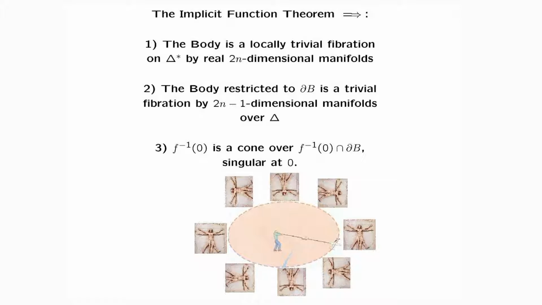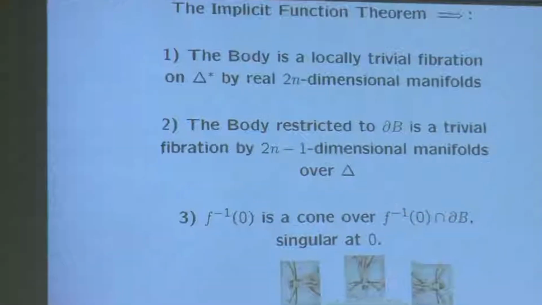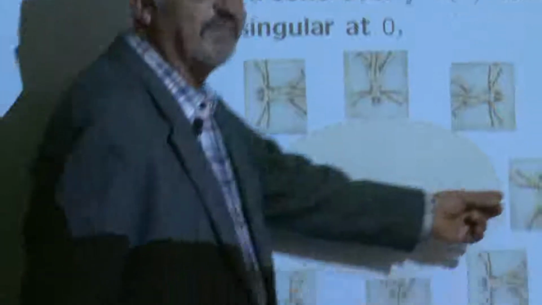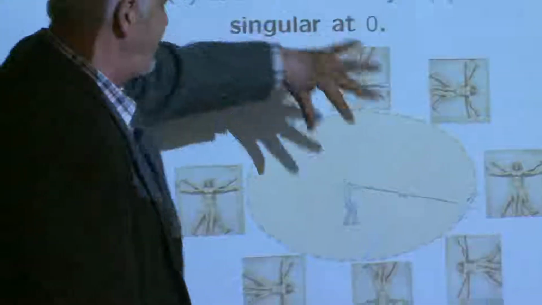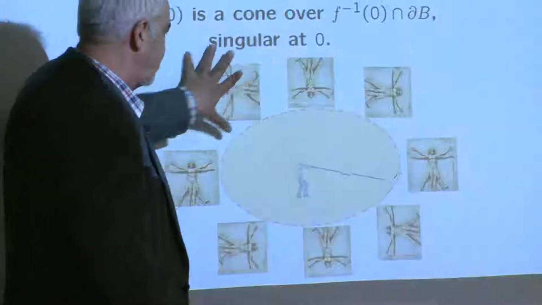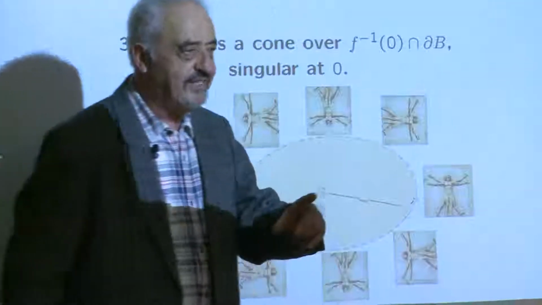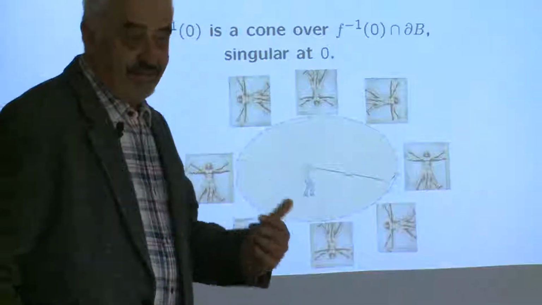And now, that it's a locally trivial fibration means like this. So I put this picture up, so this is the fiber. Now when you go around, the fiber is transforming itself, and you come back to the same figure. Yes, but nobody said that you come back as the identity.